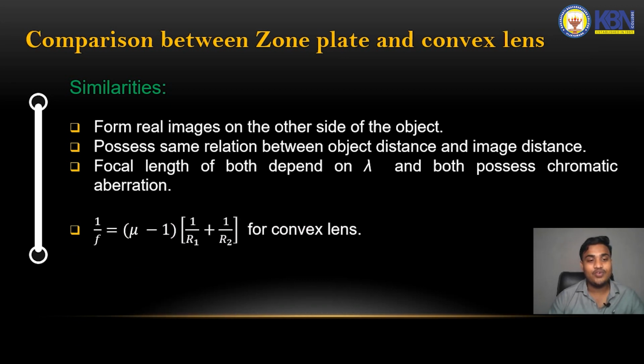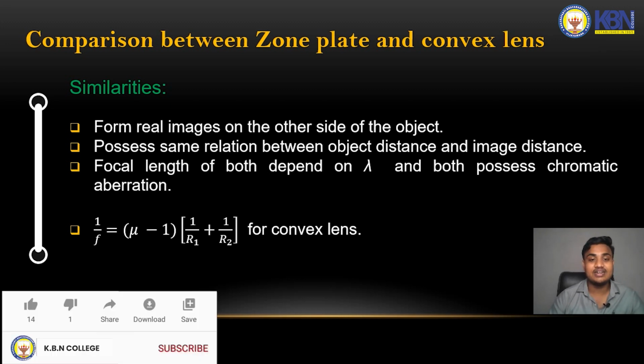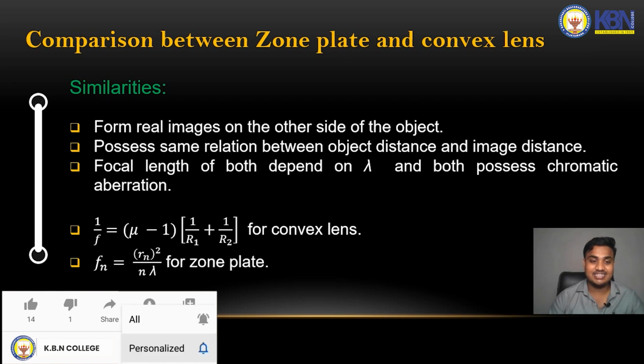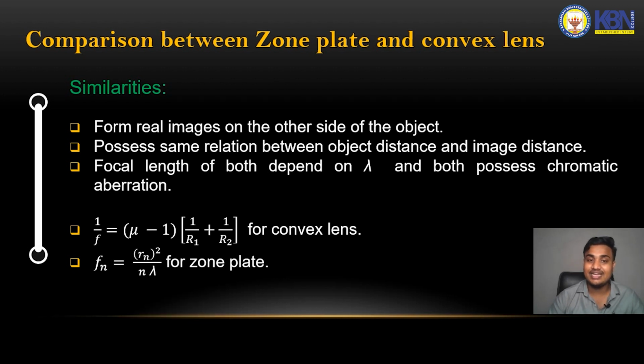The convex lens formula is given by 1 by f is equal to mu minus 1 into 1 by r1 plus 1 by r2, where f is the focal length, mu is the refractive index, and r1 and r2 are the radii of curvature. But the focal length of the zone plate, Fn, is equal to Rn square by n lambda, where Fn is the focal length of the nth zone, Rn is the radius of the nth zone, n is the number of the zone, and lambda is the wavelength of the light.